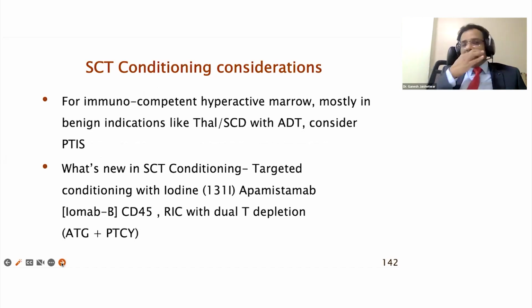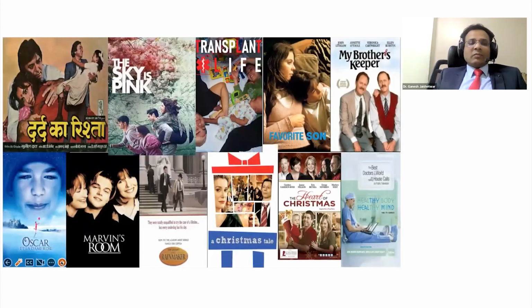Again, for immunocompetent hyperreactive marrow like that seen in thalassemia and sickle cell disease, if these patients are taken for alternative donor transplants, the rejection risk can be high. So always consider pre-transplant immunosuppression to decrease the incidence of graft rejection. Again, new in transplant conditioning, there are novel targeted conditioning drugs in development, which hold the promise of improving the outcomes of transplant conditioning.